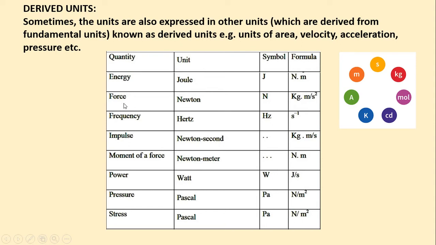Force is expressed in Newton, symbol capital N, kg meter per second square. Frequency, impulse, moment of force, power, pressure, and stress will have their own derived units, as you can see. For example, stress is expressed in Newton per meter square.